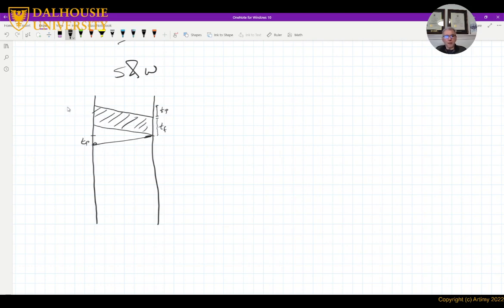So here, if you look at this, this is what we'll call T total, which is the total time from the beginning of the transmission until I am able to send another frame. This time consists of two TPs, 1 and 2, so 2TP plus TF. That's the total time.